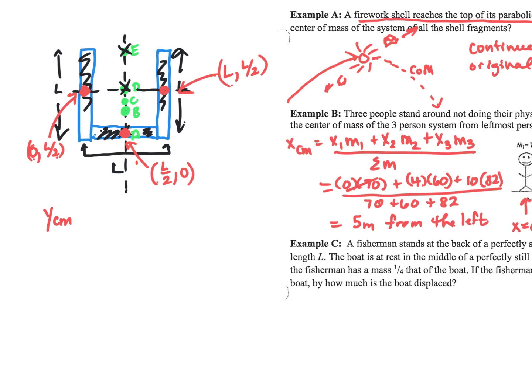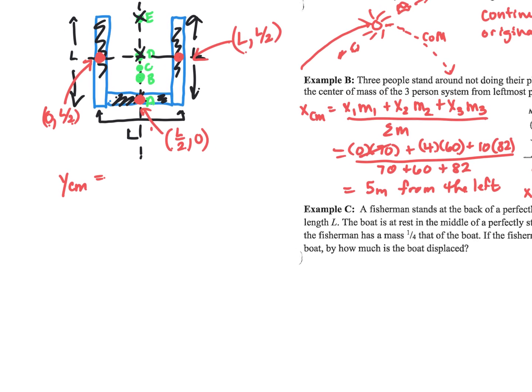So the y center of mass is going to be at what? The first y coordinate is L over 2, and let's say they're all mass m. The second coordinate is going to be 0, and the third coordinate is going to be L over 2, and mass m.